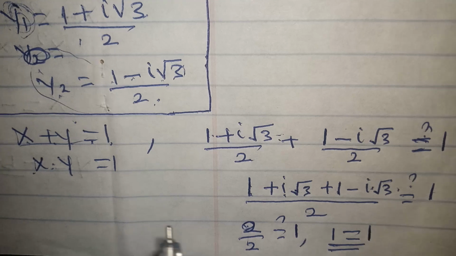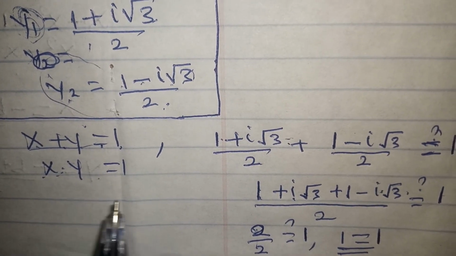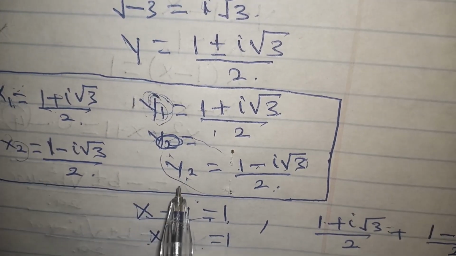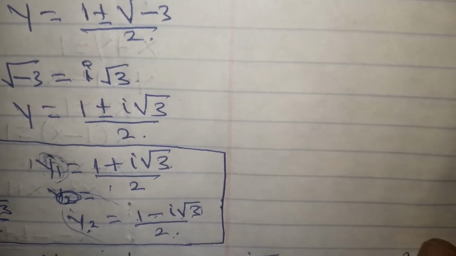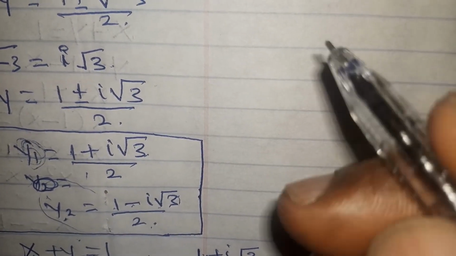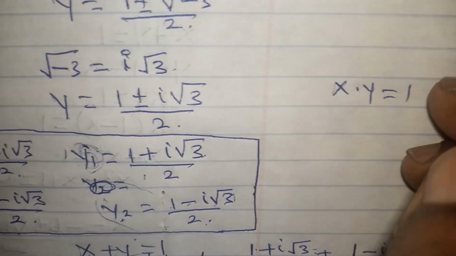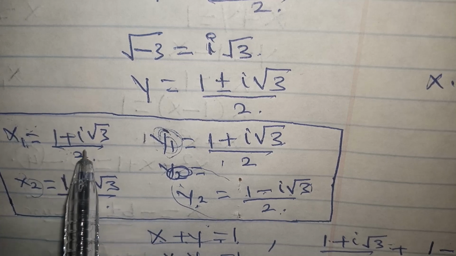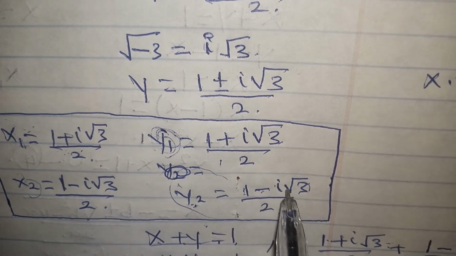So let's move on to the product of x and y, using the same values of x1 and y2. If we do the same thing here, we're having x times y is equal to 1. So we are picking x1. Our x1 is equal to (1 plus i root 3) over 2, and our y2 is equal to (1 minus i root 3) over 2.